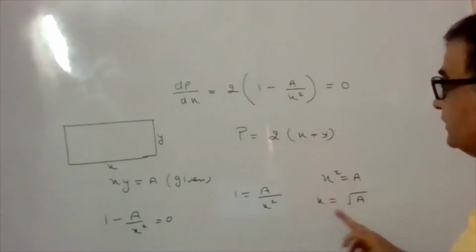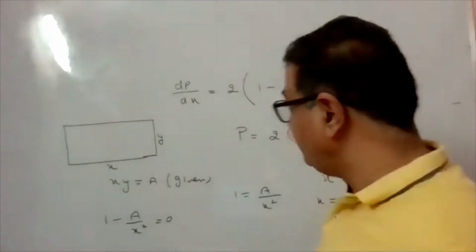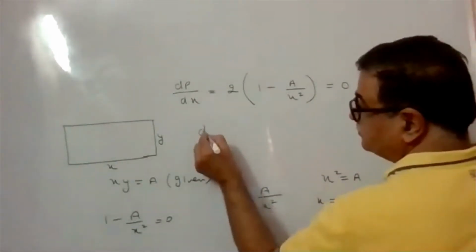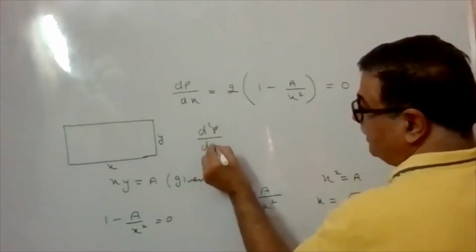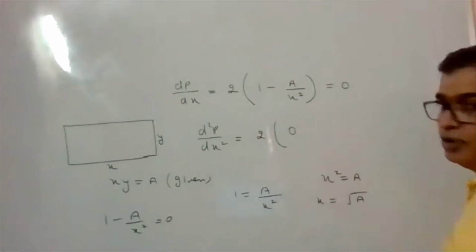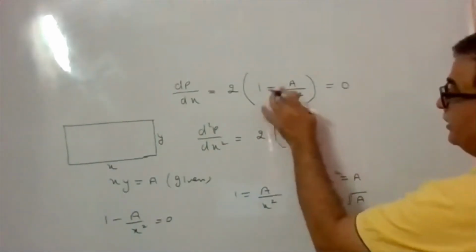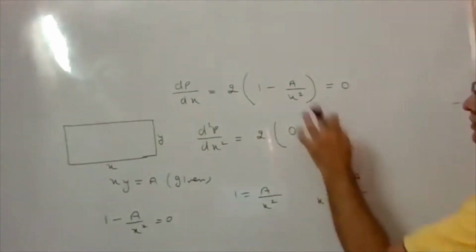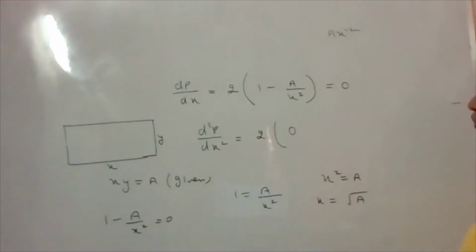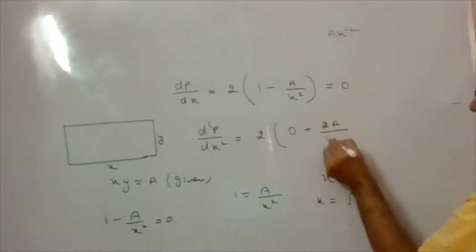As you got x is root a, now we should check whether it is maximum or minimum. To check, we go for the second derivative. d2P by dx square equals 2 times the derivative of 1, whose result is 0, minus a by x square. It is actually a x power minus 2, so when you go for the derivative, it will come plus 2a by x cube.